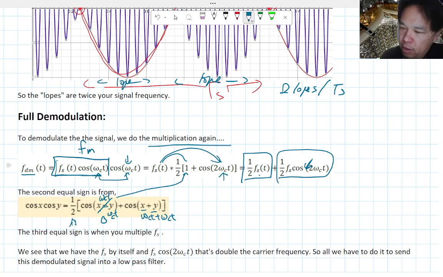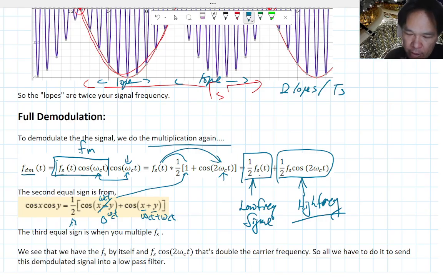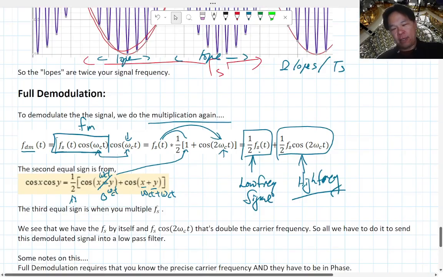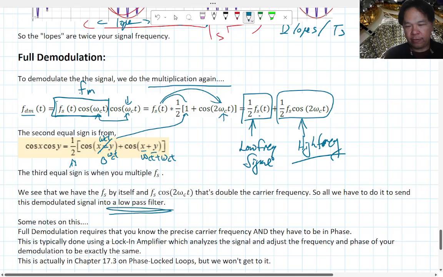So this part here is going to be your low frequency signal, and this is the high frequency part. So if you have something that has low frequency and high frequency, what do you do? You put it through a low pass filter.